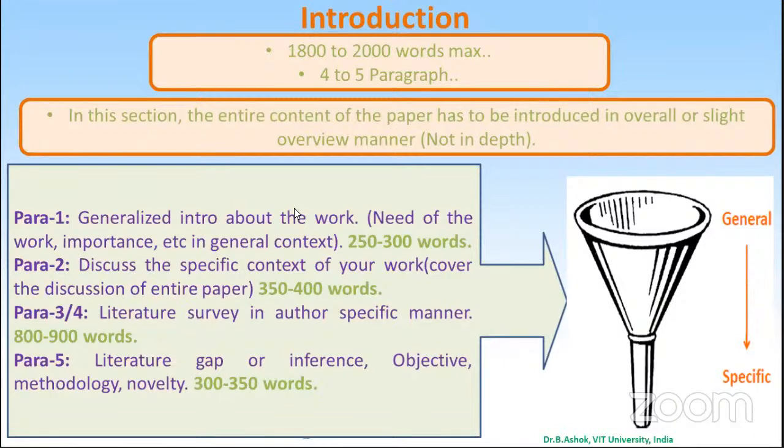If you publish this paper, what will happen to the scientific community? If it is not published, what will happen? In a slight manner, that is the strongest selling point. You can sell your paper, so you should give major focus to it. I have mentioned 350 words, but you can even go up to 450 words.